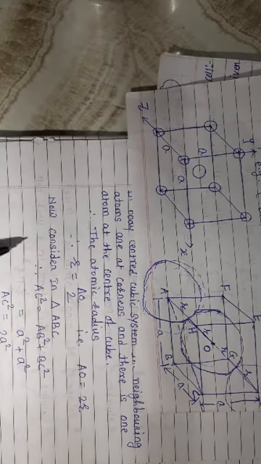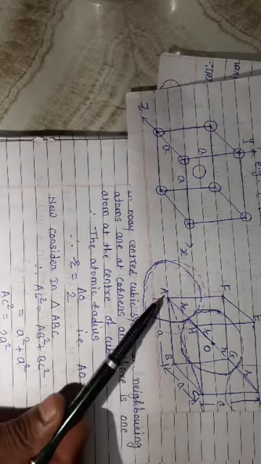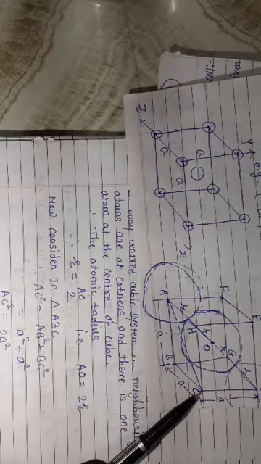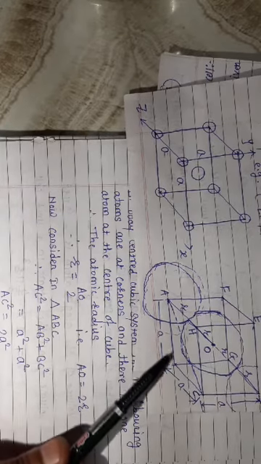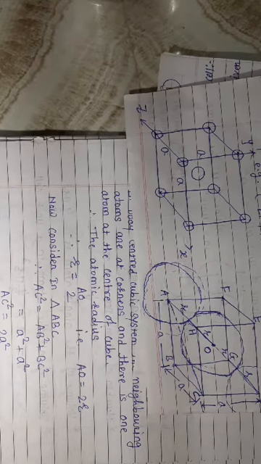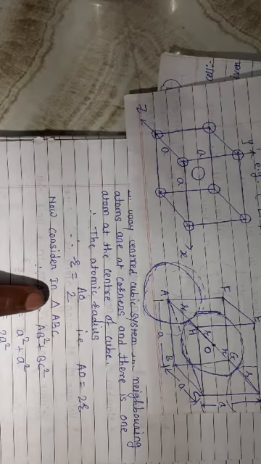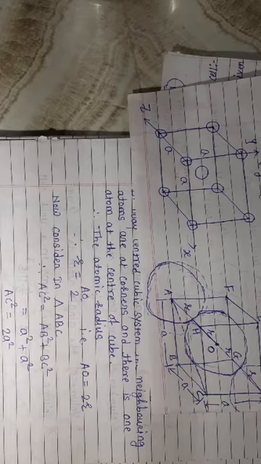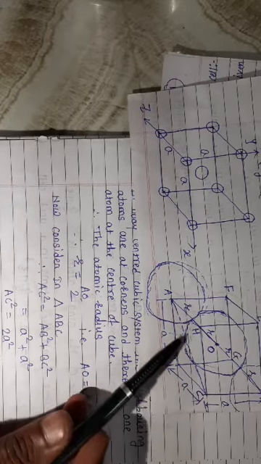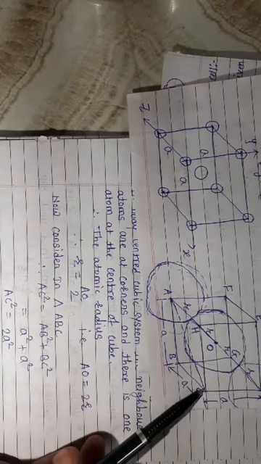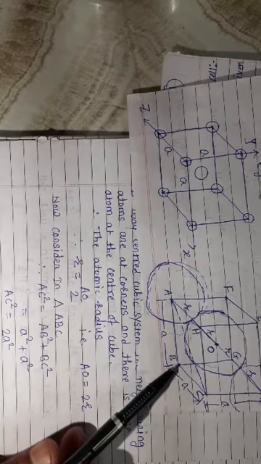And now we consider triangle ABC. Here is ABC, this is A, this is B, and this is C. In triangle ABC, by using the Pythagoras theorem, AC square is equal to AB square plus BC square.